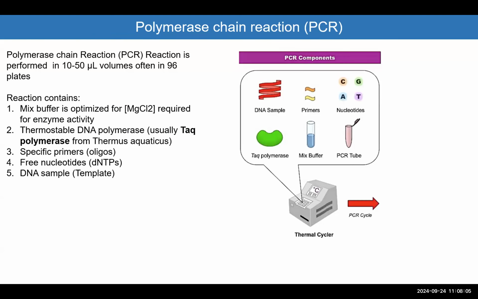Okay, so what do we need to perform a PCR? We will need a thermocycler. Obviously, that's the machine that will put the reaction at 95, then it will bring the reaction down to 55, and then it will bring it back to 72, where the polymerization takes place. So that's the machine. You will need the Taq polymerase, which will make the copies.